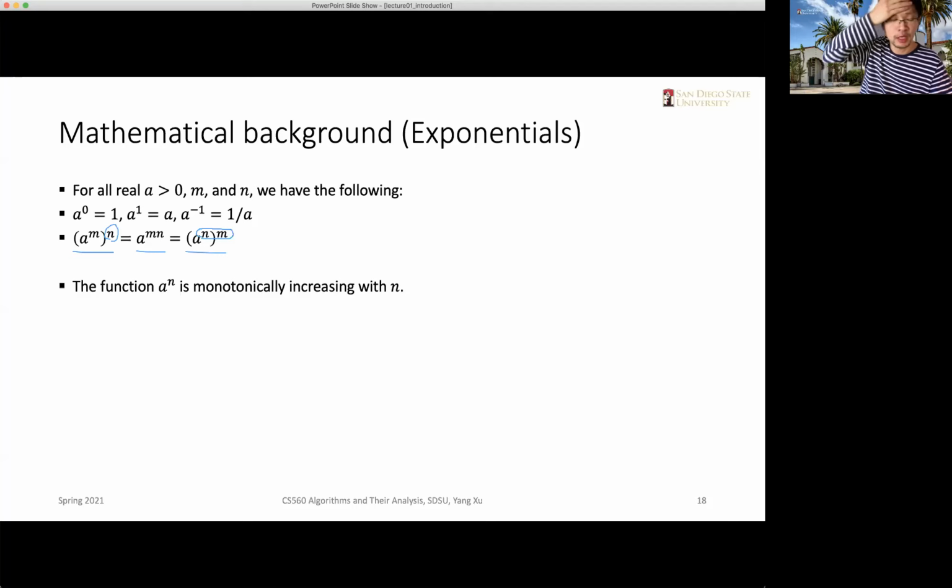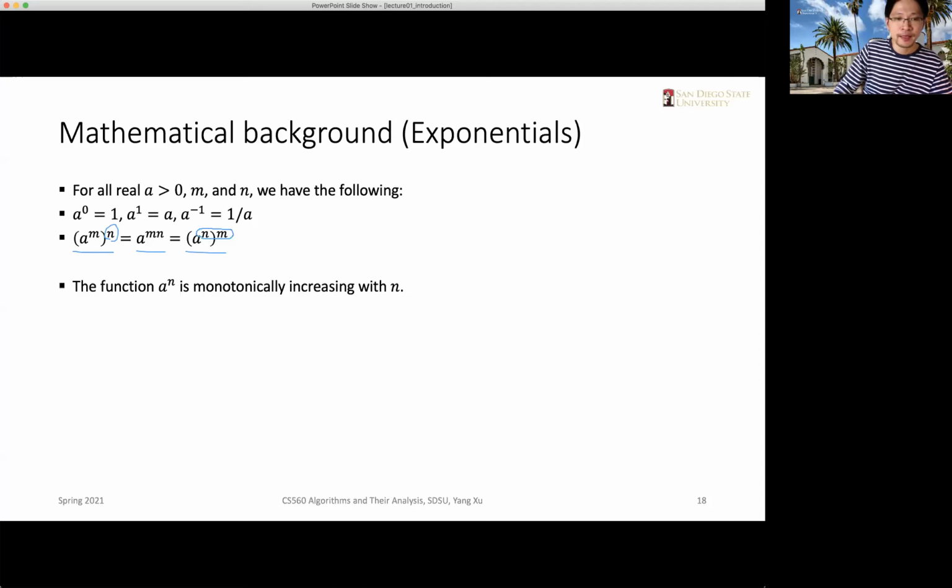If you plot the curve for this function, you will see that at the beginning it increases quite slowly, but as n grows larger and larger, the curve becomes really steep.